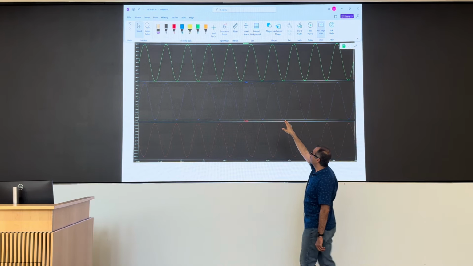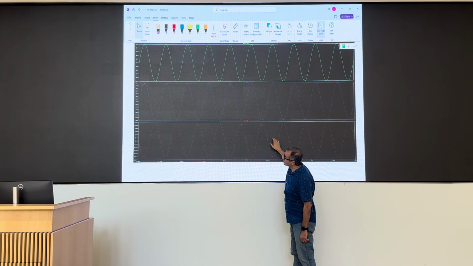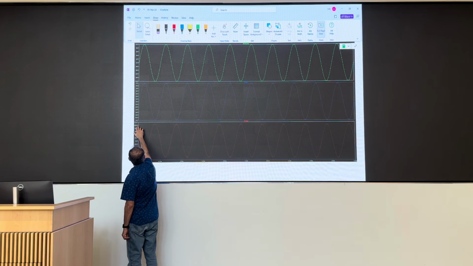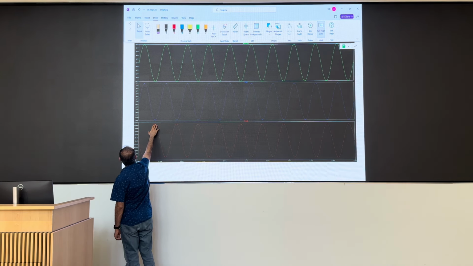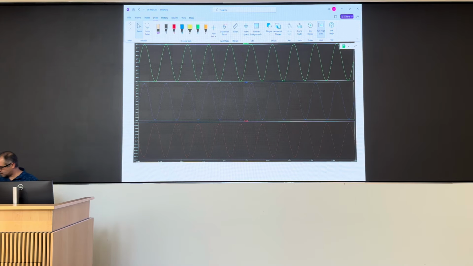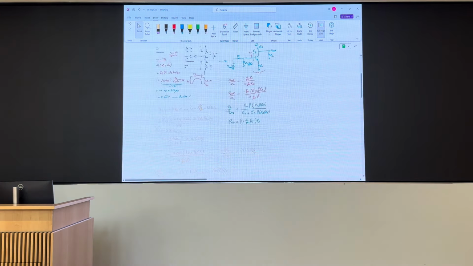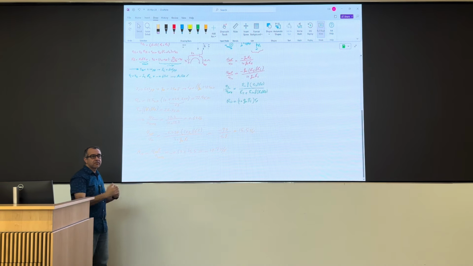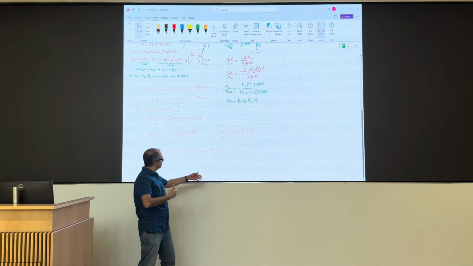But then you amplify what you got here, and it shows up at the output. So that is the output signal that's about maybe 110 millivolts. What was the gain we had? 10.7. So that had the gain of 10.